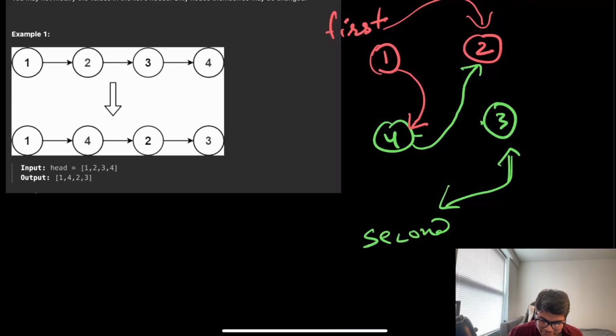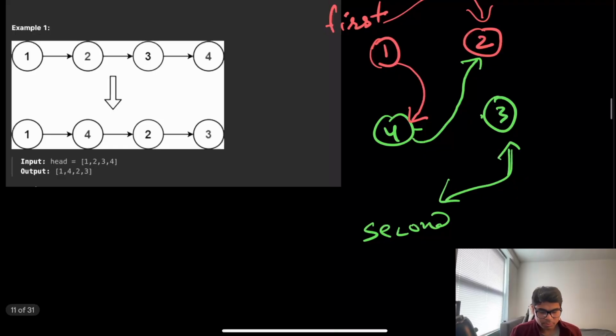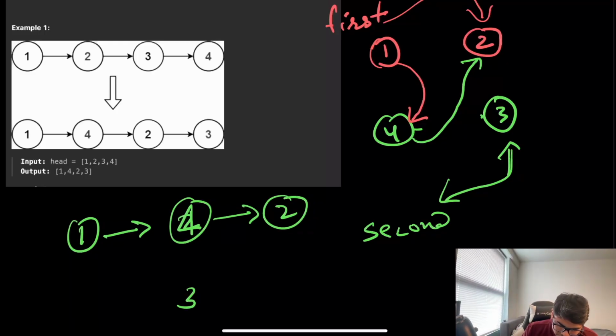Now again, if you see, one of the nodes has been merged into our first list. If I redraw this, my first list becomes 4 pointing to 2, and then my second list is this second, and this is first.